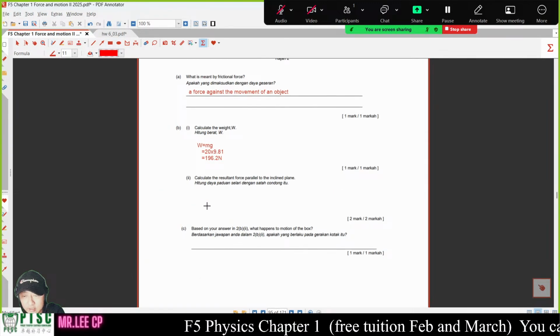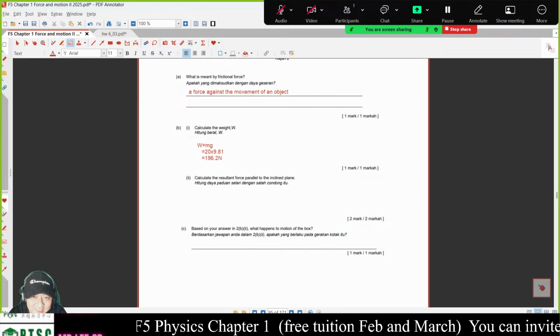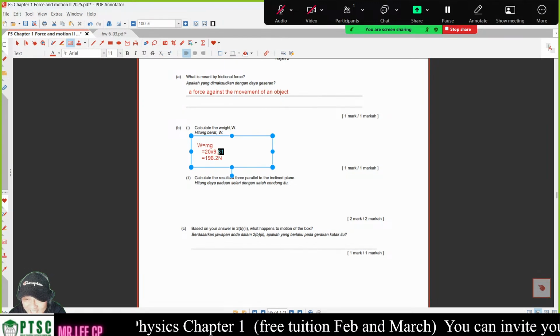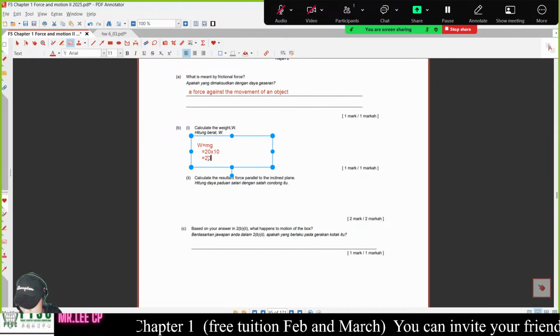Okay. This one is negative. Cannot do, right? Why? Because they are using 10 here. I changed it to 10. So 200 Newton.